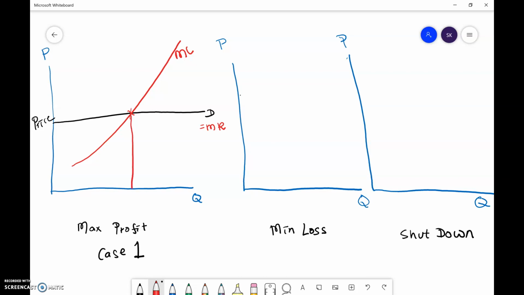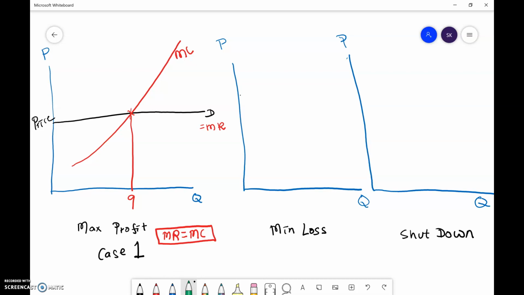These two intersect here and the quantity is equal to 9. So we get our profit maximizing quantity at the point where marginal revenue is equal to the marginal cost of production.